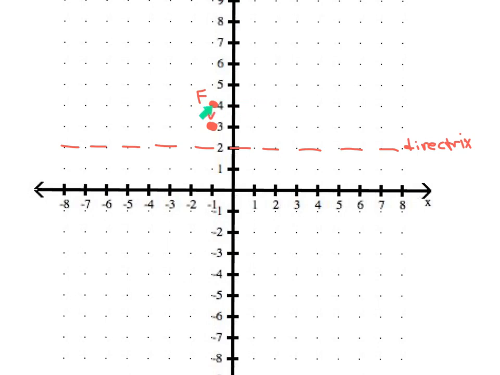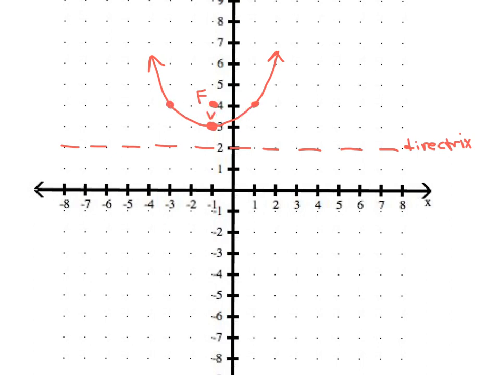Since it is symmetrical, I'm going to go 2 units to the left and 2 units to the right for a total width of 4. What that does is allow us to draw in a nice shape parabola. Again, if you count through the focus from left to right, that's a total of 4 units.